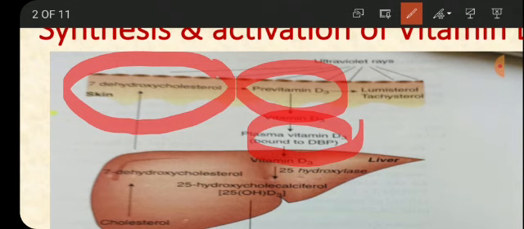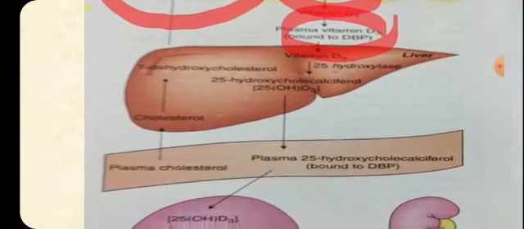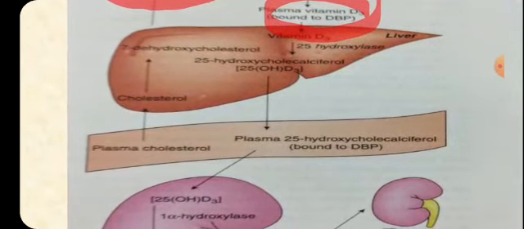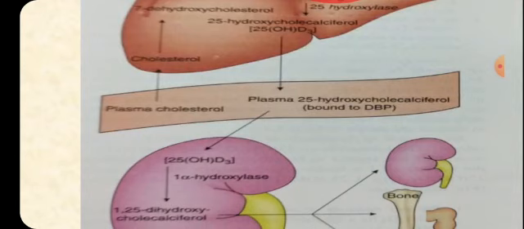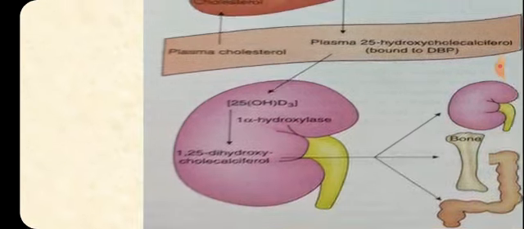Now, this 25-hydroxycholecalciferol is further carried over to the next organ for metabolism, that is the kidney, where hydroxylation at one place takes place by the enzyme 1-alpha hydroxylase.